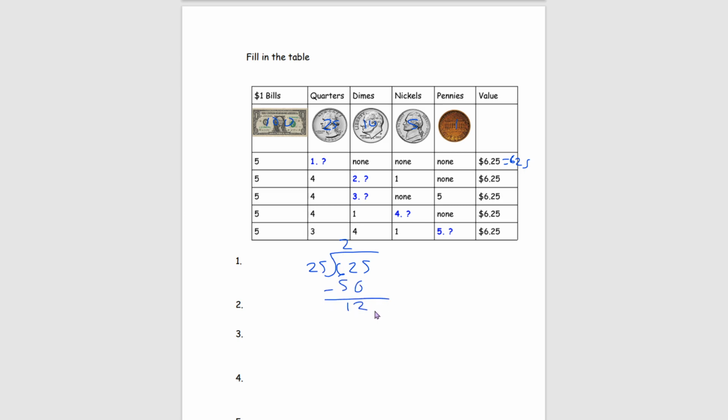Subtract that, we get 12, and we bring down the 5. 25 goes into 125 5 times. 25 times 5 is 125. We can subtract that and we get 0. And so that tells us that our answer for number 1 is 25 quarters.